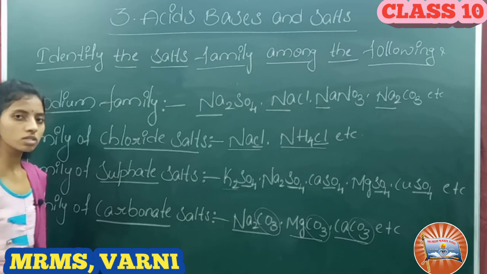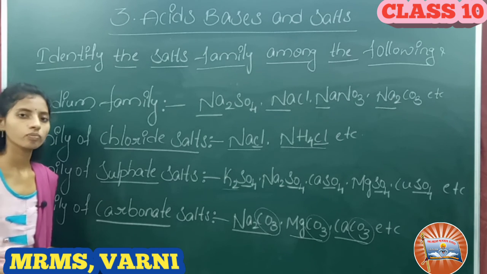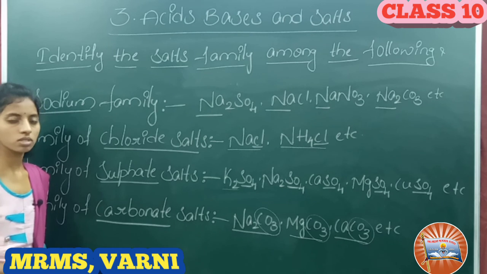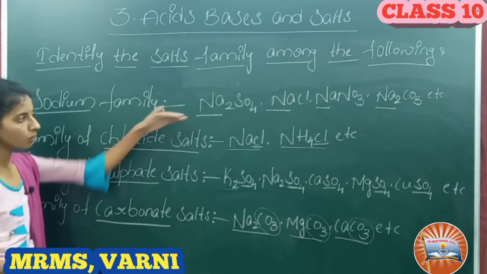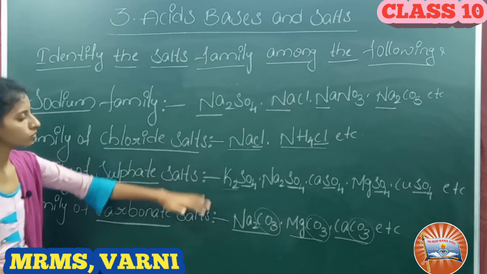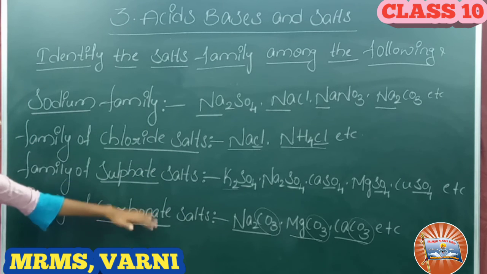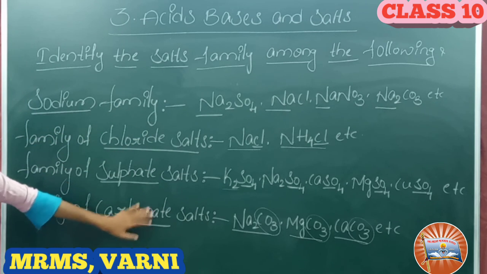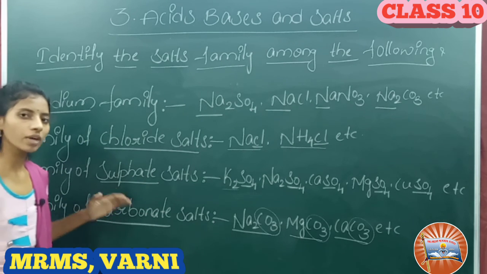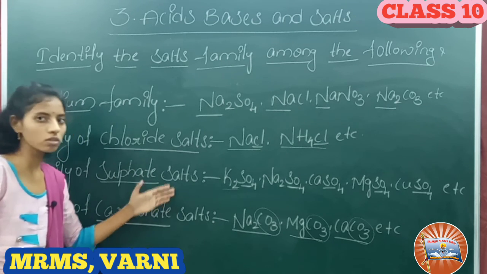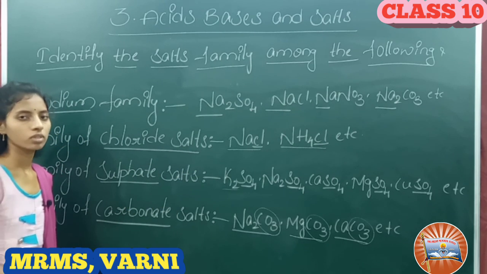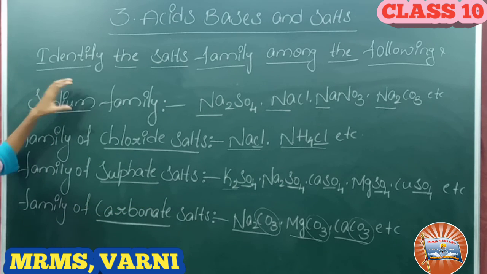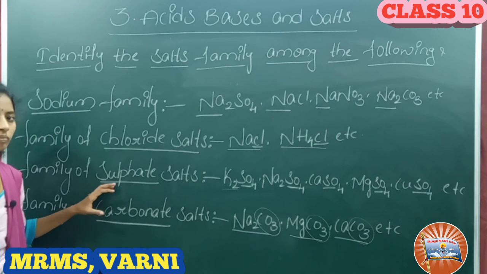So positive ions and negative ions means nothing but cations and anions. Yes? So you can observe here 4 types of different families of salts. So in all these examples, the number of positive ions and the number of negative ions are equal. That's why we are calling this as a family of salts.